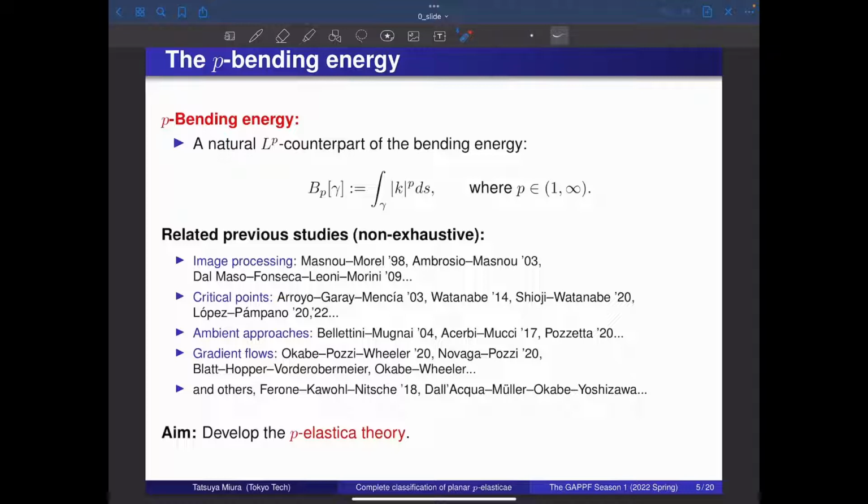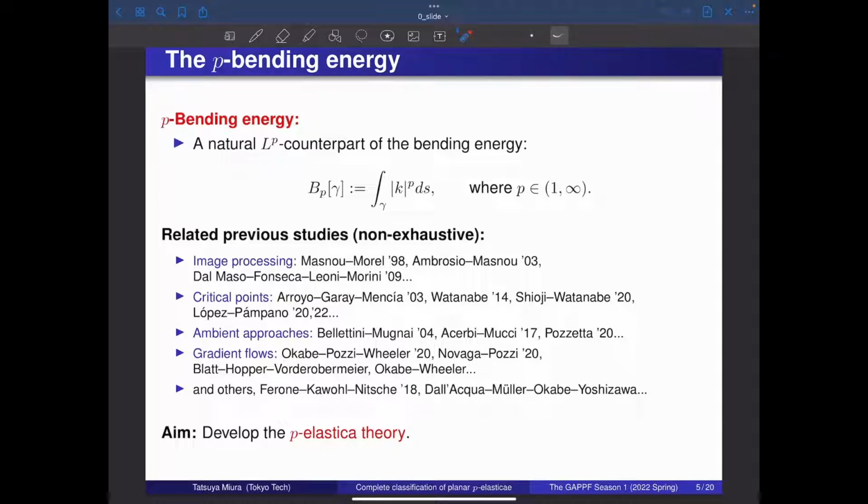Okay, and I also mention several other perspectives here. One is the ambient approach, which roughly means that the curve is regarded as the boundary of a set. From this perspective, there are some studies, and also studies of gradient flows, and this field is recently quite active.